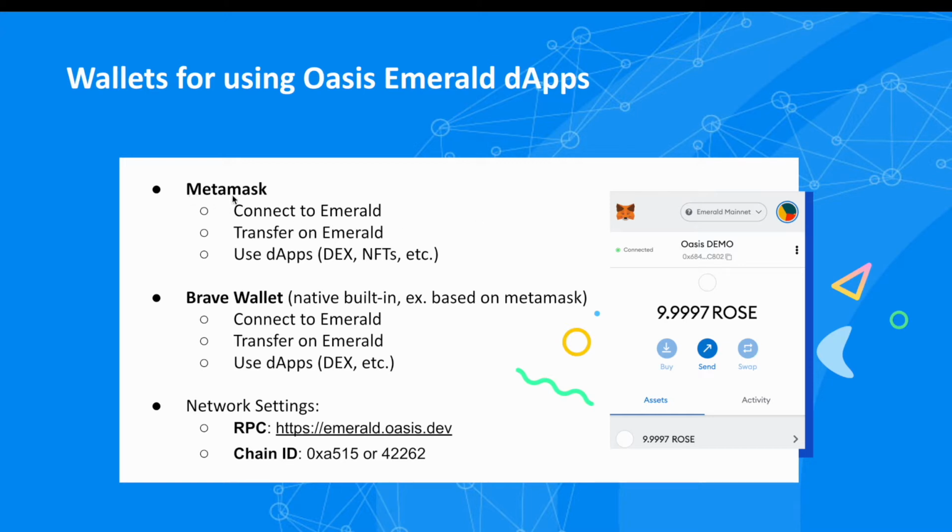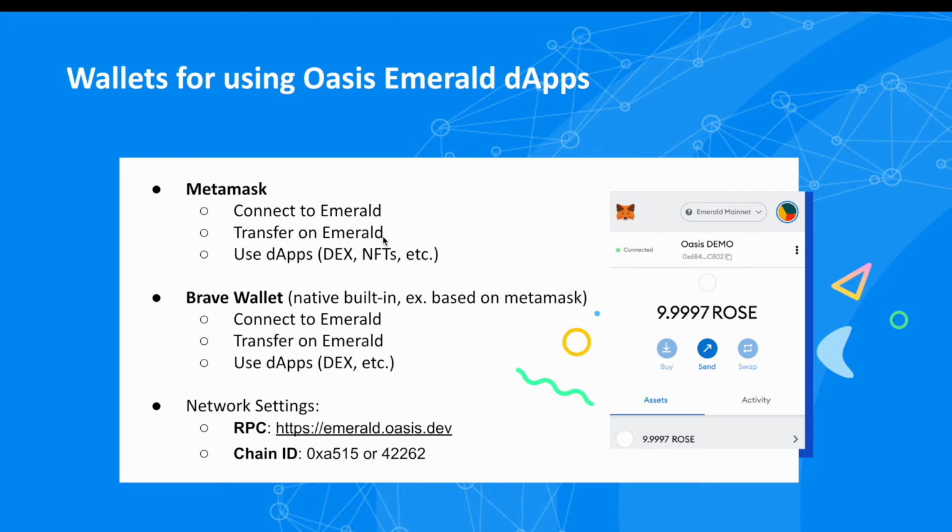Okay, so what can you do with these wallets? Sometimes you want to use the native wallet browser extension MetaMask, or I also sometimes use Brave wallet. Brave is a browser which has a wallet built in, and in the past it was based on MetaMask. Now they have their own native built-in wallet, and it works the same as MetaMask. So you can connect to Emerald with these wallets.